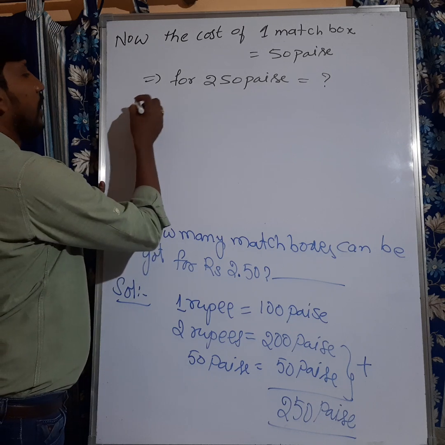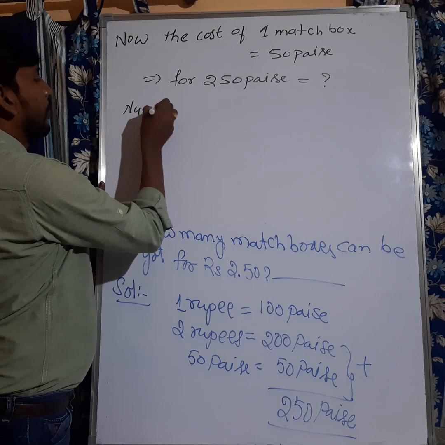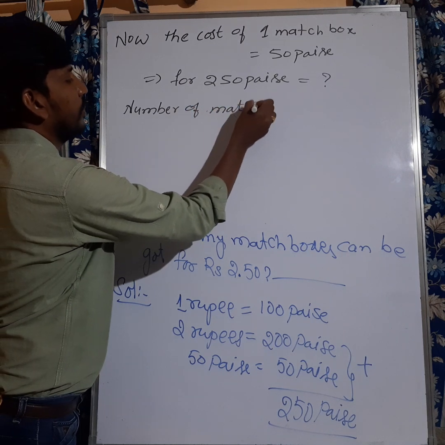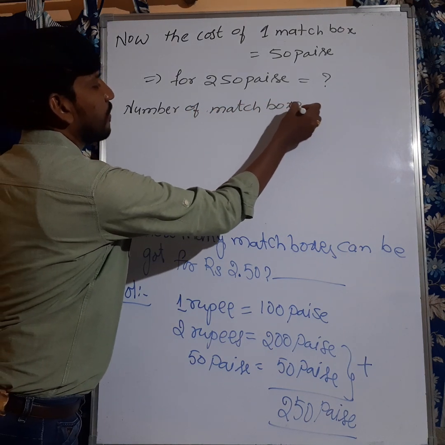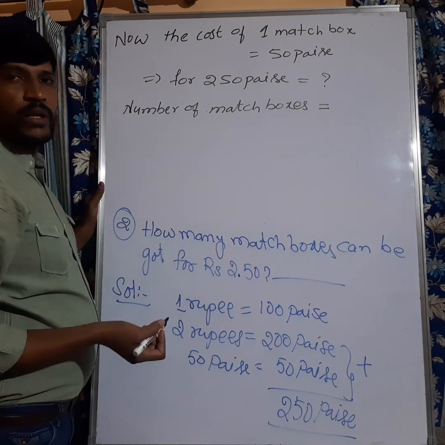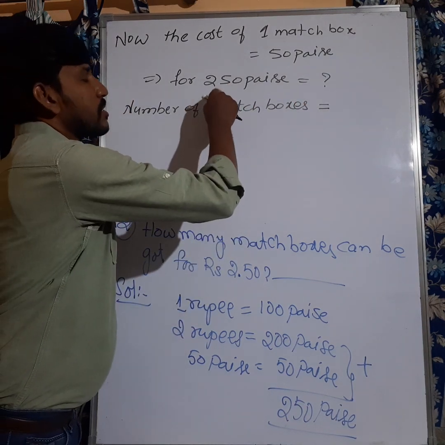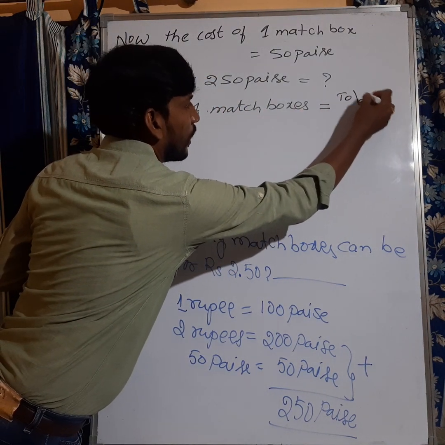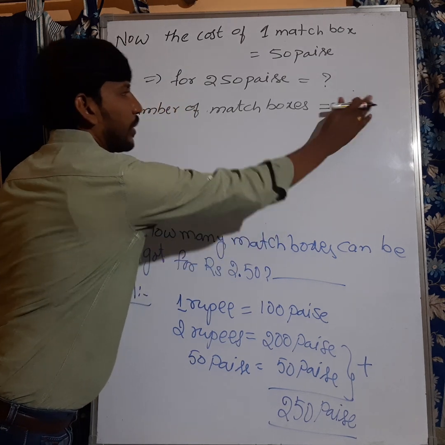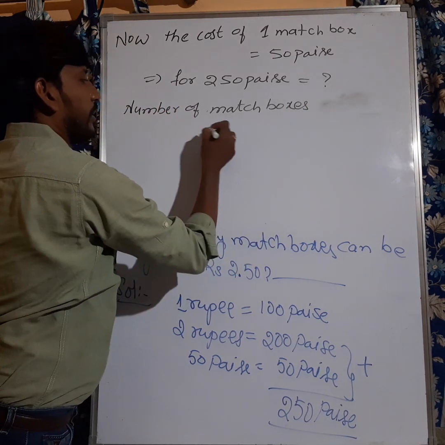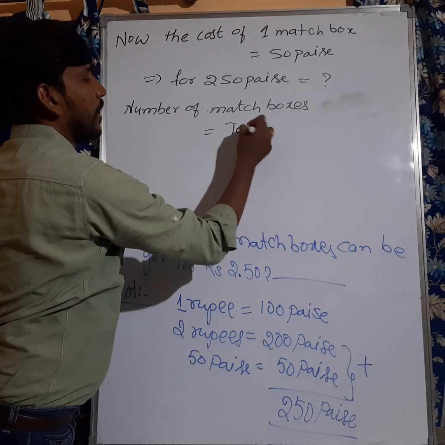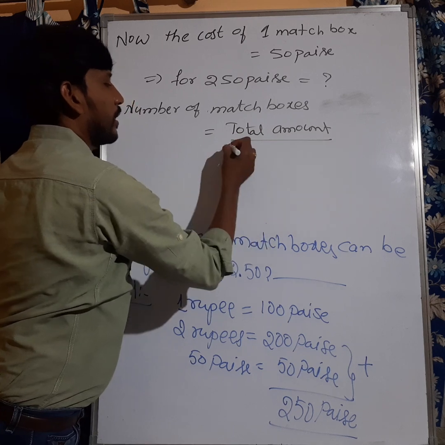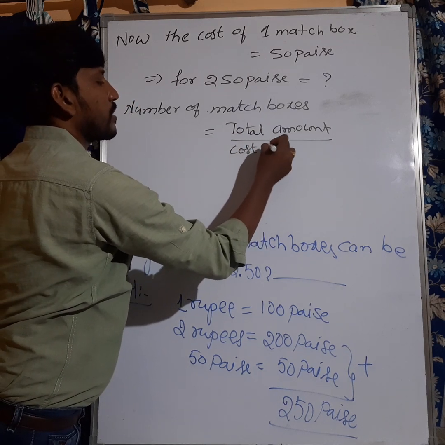So now, the number of matchboxes is equal to total amount, whatever you have, divided by the cost of one matchbox. I'm going to write here.